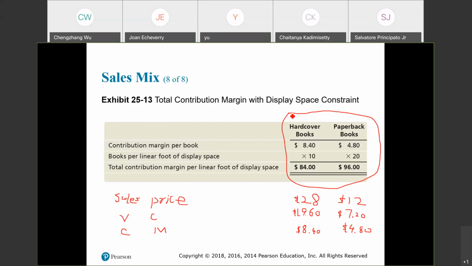Other factors must be considered when making such a sales mix decision.